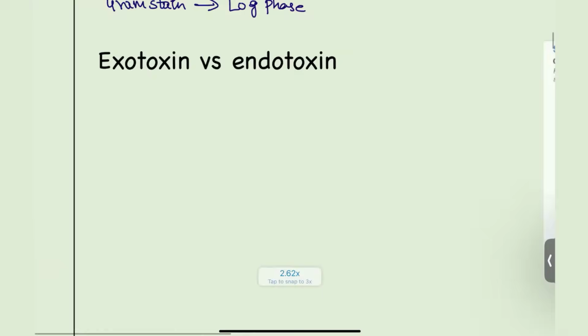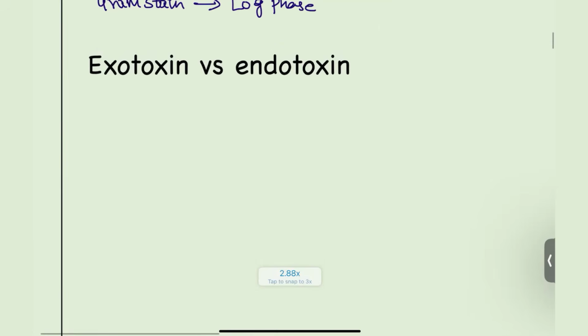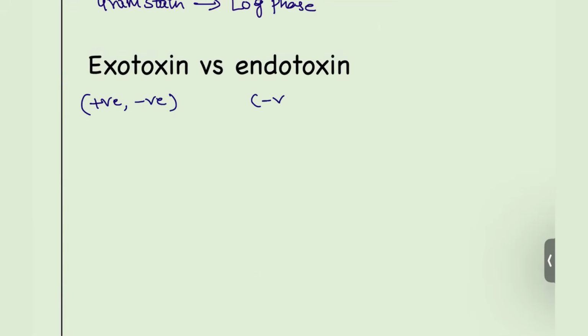Coming to the exotoxin and endotoxin, guys, there are two different kinds. Exotoxins are secreted by both gram positive and gram negative, but endotoxins are most commonly gram negative. Exotoxins contain protein as the toxin, and endotoxins contain lipids as toxins.